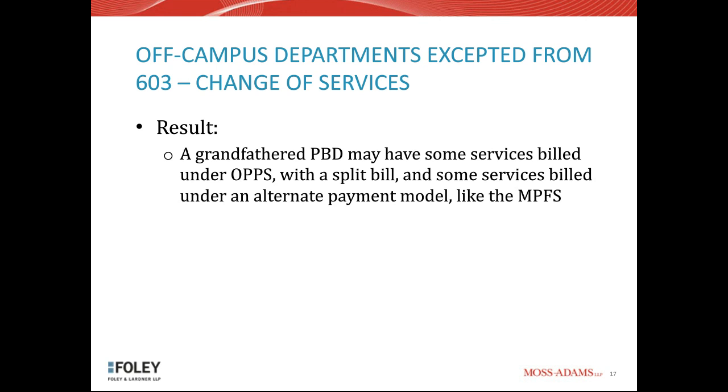So theoretically, if you have a beneficiary that comes in to a grandfathered clinic, you could have a UB04 claim form for the facility component, a 1500 claim form with place of service 19 for off-campus for the physician component, and then you could have another 1500 potentially with place of service 11, freestanding clinic, for services that were provided outside the clinical family of services. So then the beneficiary would have 3 co-pays from 3 different types of billing.